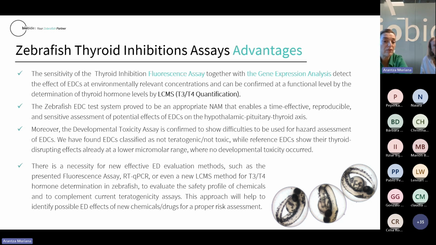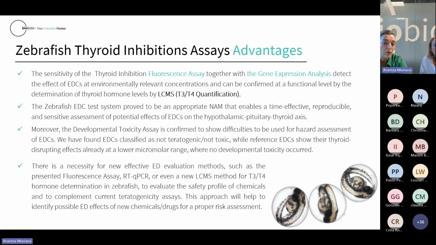And there is a necessity for new effective endocrine disruption evaluation methods, such as the fluorescent assay presented today on the thyroid inhibition assay, or the one for RT-PCR, but others also, to evaluate the safety profile of chemicals and to complement current teratogenicity or neurodevelopmental toxicity assays in zebrafish and in other new alternative models.